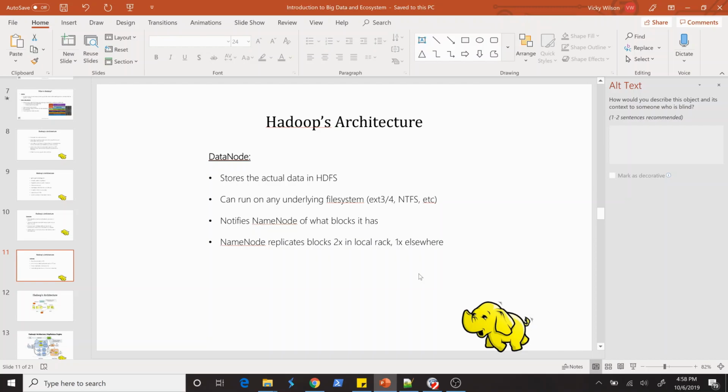So you might have 10 data nodes, and the data might be replicated across. So the name node knows where the block resides, and it's the data node's responsibility to let the name node know which block it has for a given file.